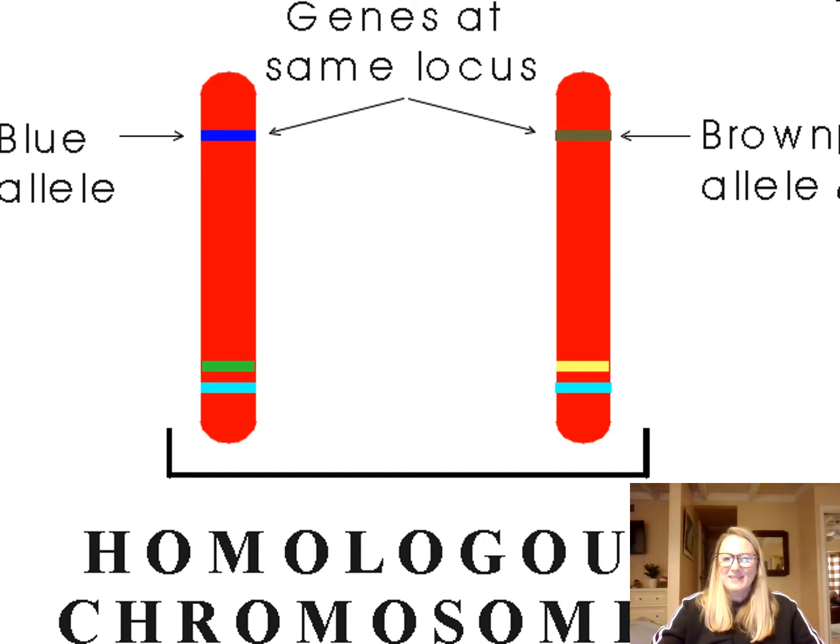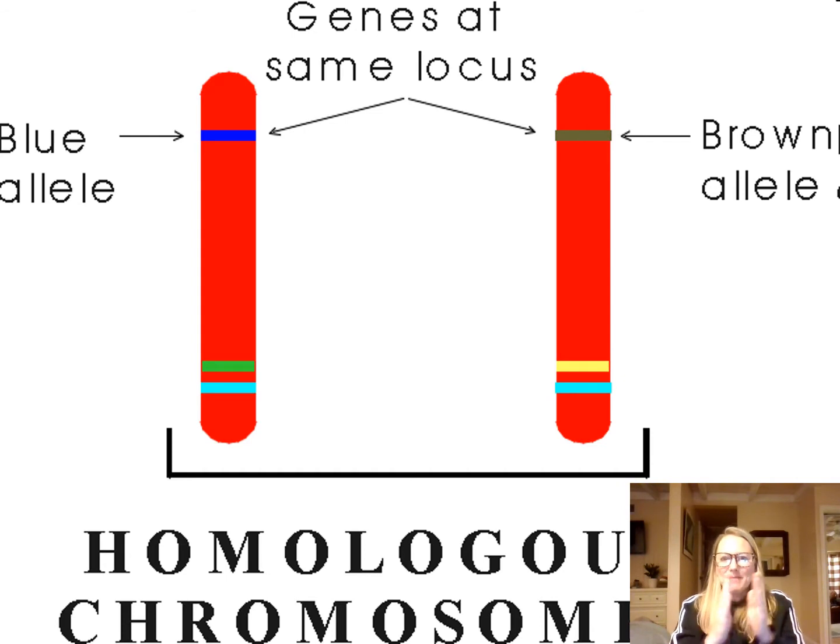For humans, there are 23 pairs of chromosomes that are in all of your cells, except for your gametes. You received 23 chromosomes from mom, and you received 23 chromosomes from dad, and they come together to make 23 pairs. Okay, each of these chromosomes are different sizes and lengths.